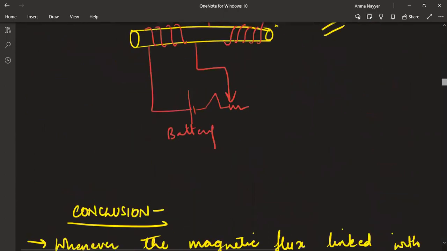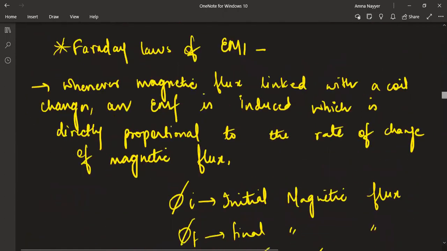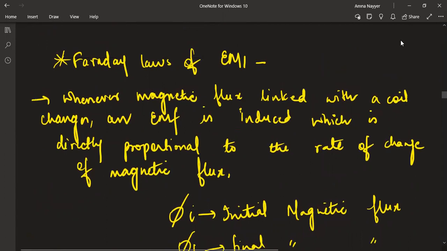From Faraday's experiment, you mainly have to remember Faraday's laws of EMI. So what is the first law of Faraday? Faraday's first law states that whenever magnetic flux linked with the coil changes, EMF is induced, which is directly proportional to the rate of change of magnetic flux.